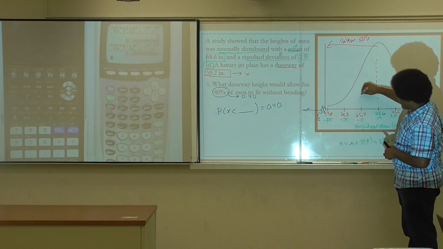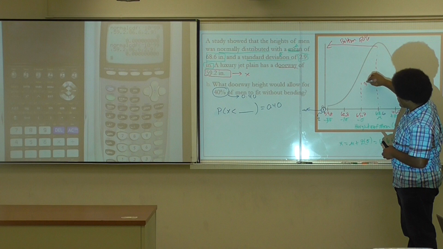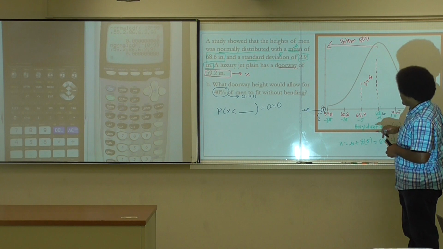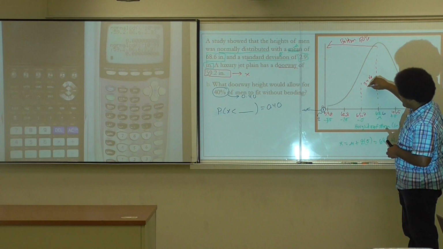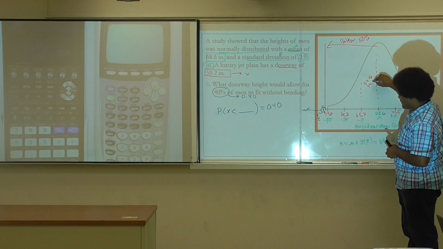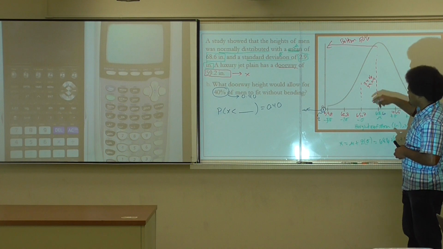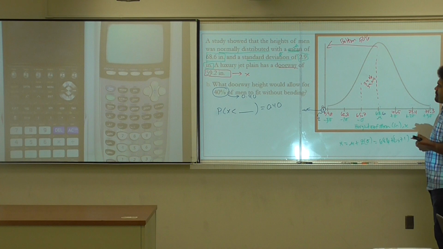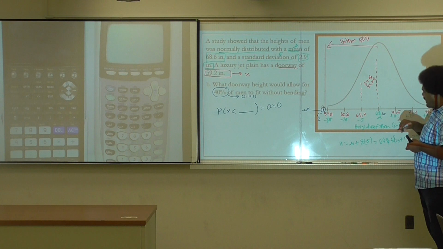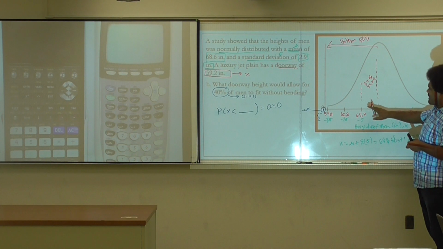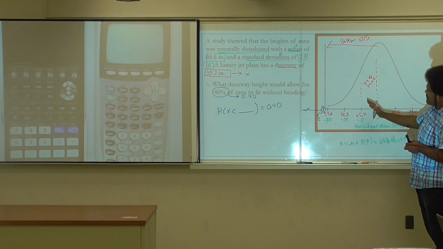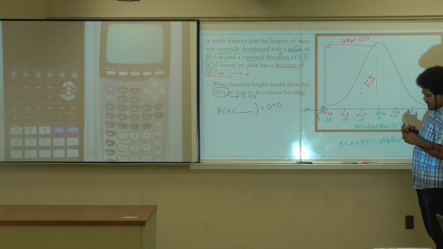But keep in mind that this right here is taking up about 34%, depending on your class and your book, about 34%, or it might be 34.14, something like that. Can't really recall what this number is at this time, but it might be something like that. But all we know is that 40 is somewhere within here. That's all we know. 40%.